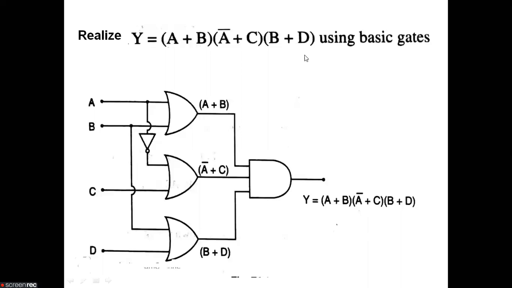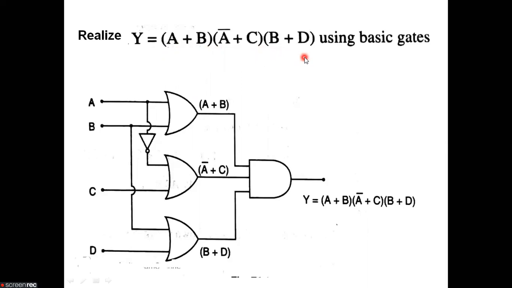First one, we will realize the logic expression Y equals (A plus B) into (A bar plus C) into (B plus D). We will be realizing this logic expression using basic gates. This is the question.